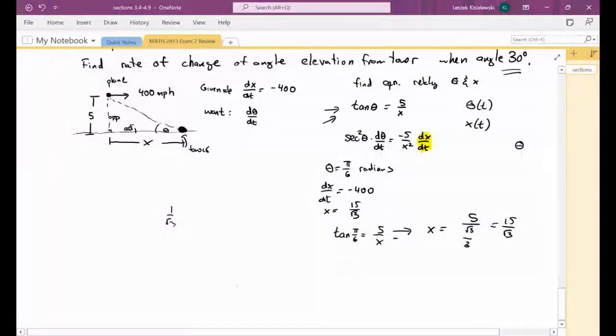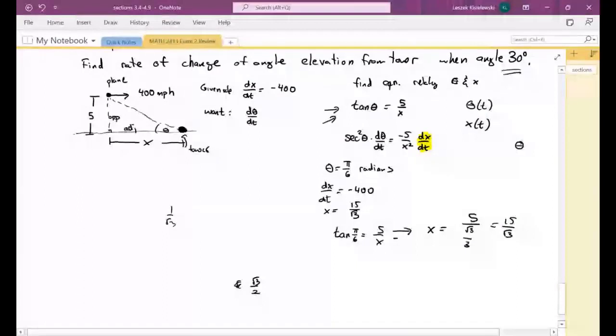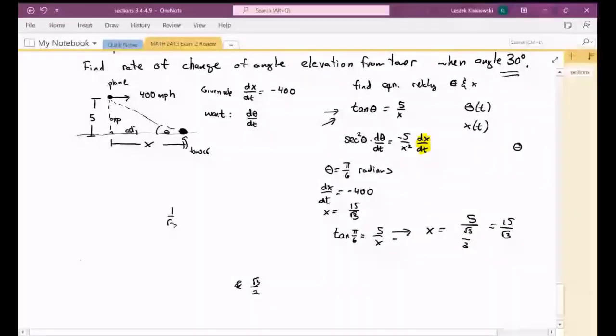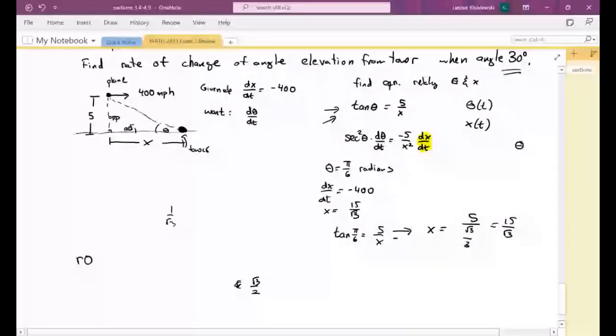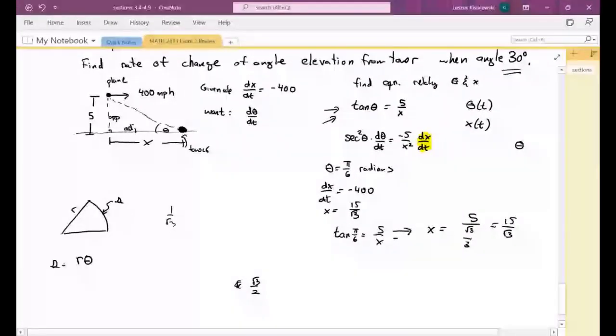Why do you use radians again instead of degrees? So if you have something like r times theta, for example, a formula in a circle: if you have a radius and you want to find the length along the circumference, it's called s. You have r times theta.